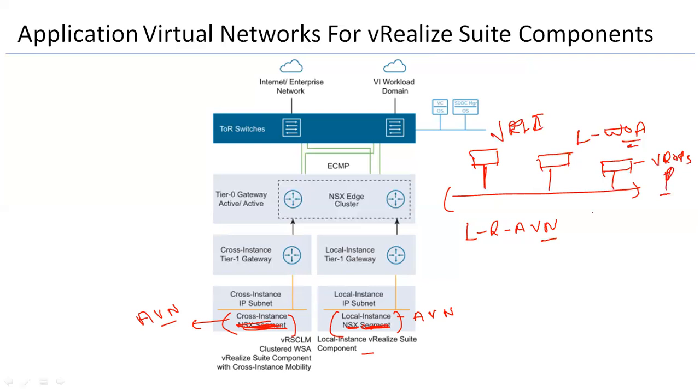These will go to the regional AVN, or local region AVN. The other components will be on the cross region AVN, or X region AVN as well.